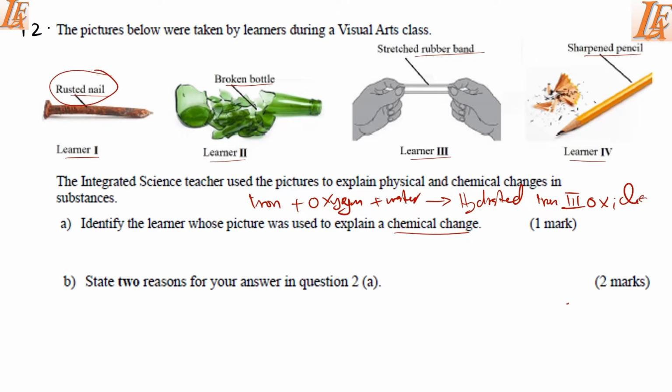This process is irreversible, and as you can see, a new substance is formed. So in this case, the picture which was used to explain a chemical change is for learner 1 who had a rusted nail.